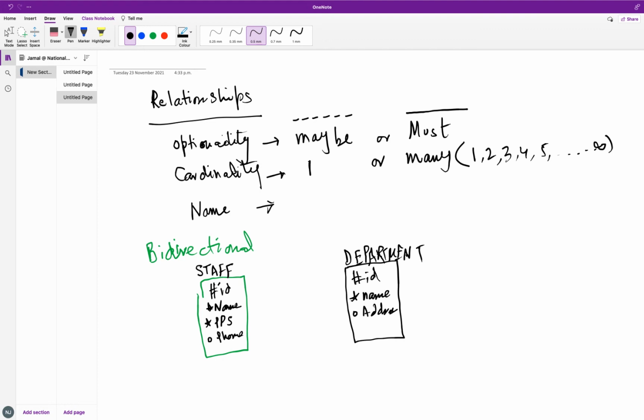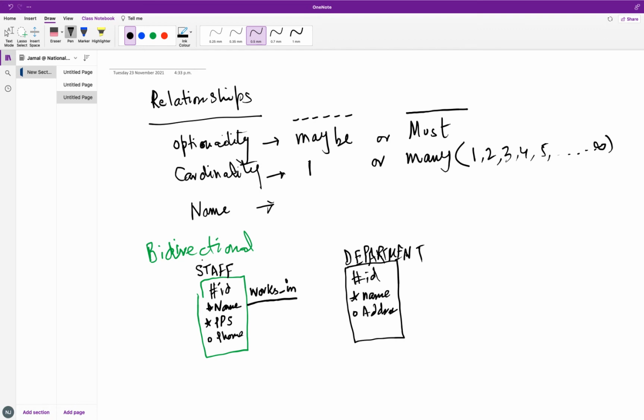But for this logic, we are saying that each employee or each staff must be a member of, or works in, one and only one department. So for must, I have to put this solid straight line, and I can write its name as works in.